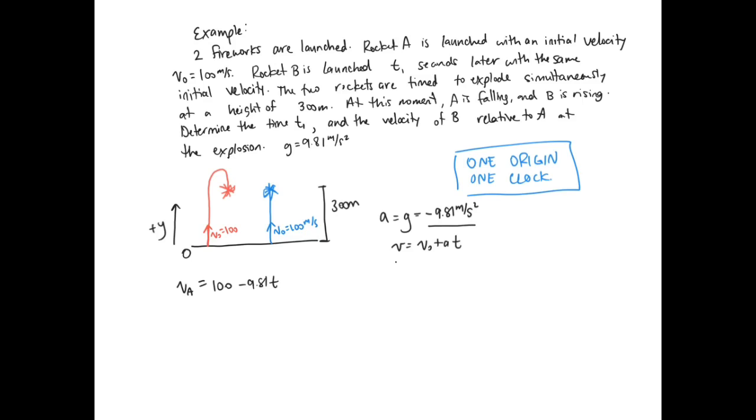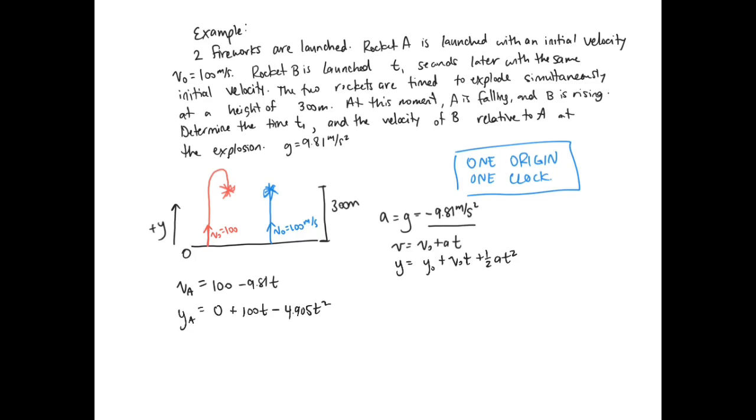We have y is equal to y naught plus v naught t plus 1/2 at squared. So the position of rocket A is going to be equal to ya naught, which was 0 because it's at the origin, plus its initial velocity times time, so plus 100t, minus half of the acceleration times t squared, so minus 4.905t squared.